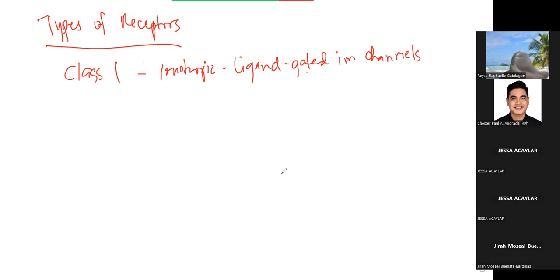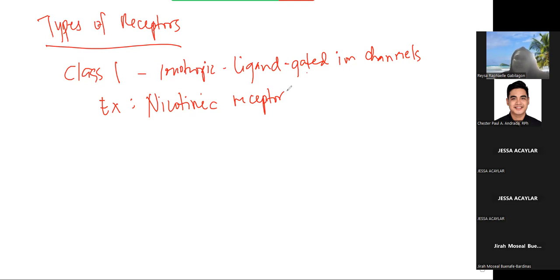So, in this type of receptor, we have an example like nicotine. So, for nicotinic receptor, syempre, the ligand, for example, is like nicotine. And then, if the ligand binds to the nicotinic receptor, there is an ion channel that will open.